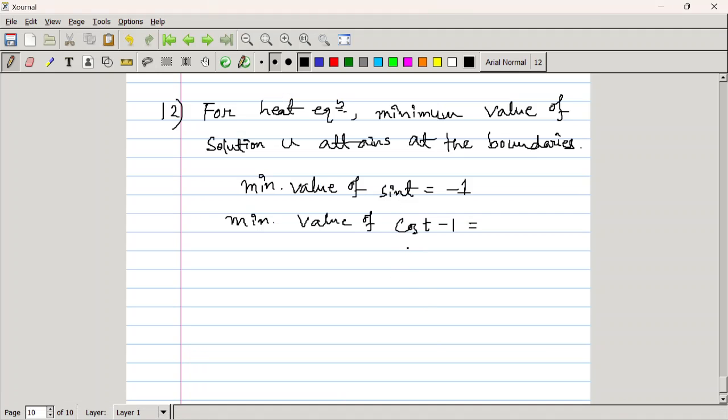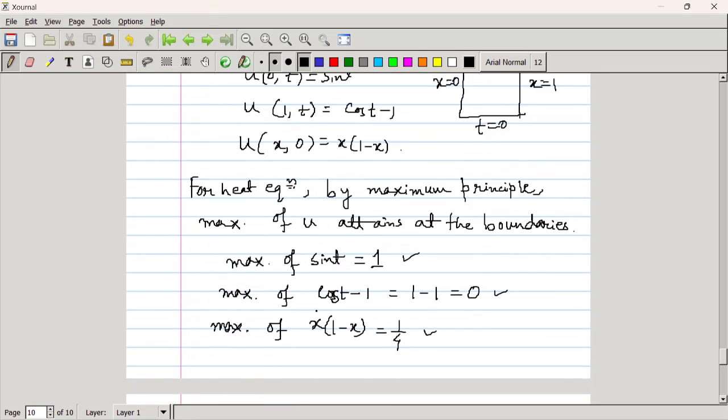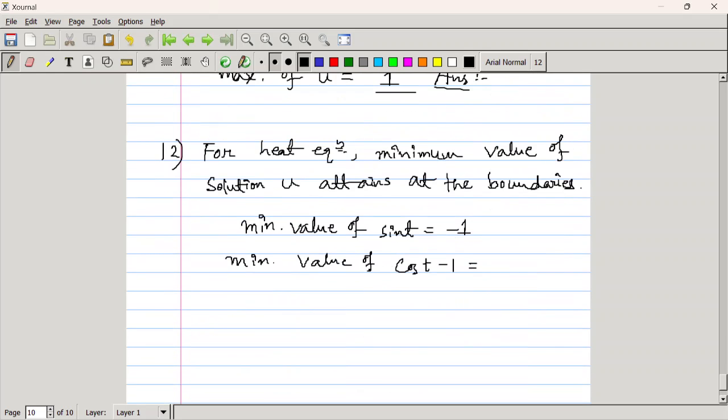The minimum value of cos t is what? Minus 1, right? What I found here is that the maximum of cos t is 1, so the maximum of cos t minus 1 is 1 minus 1, 0. Here the minimum value of sin t is minus 1. The minimum value of cos t is also minus 1, right? So the minimum value of cos t minus 1 is minus 1 minus 1, that is minus 2.